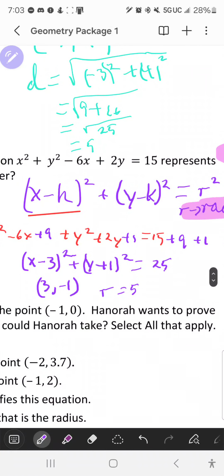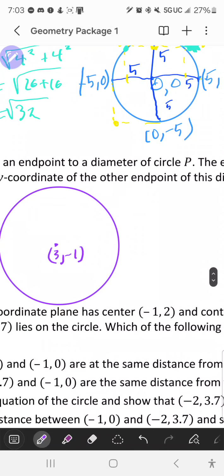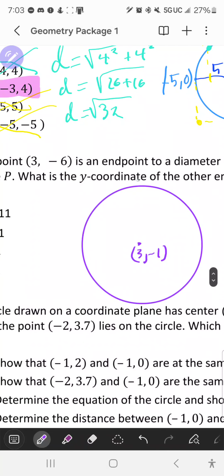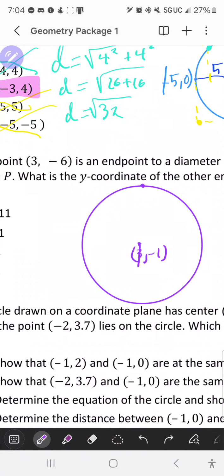I know that my center is (3, -1). And I know that one point is (3, -6). Since they have the same x value, (3, -6) is at the bottom, since the y value is decreasing.